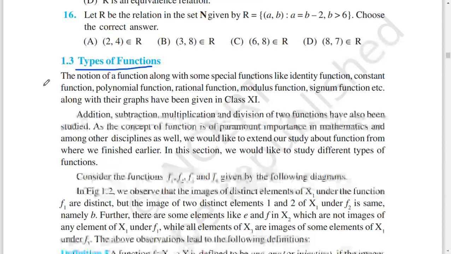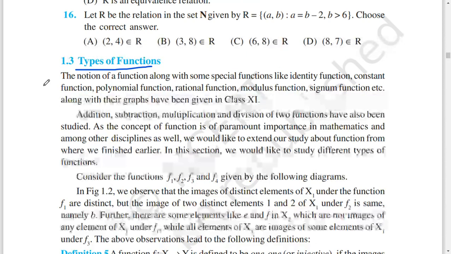Addition, subtraction, multiplication and division of two functions have also been studied. As the concept of function is of paramount importance in mathematics and among other disciplines as well, we would like to extend our study about function from where we finished earlier. In this section, we would like to study different types of functions.